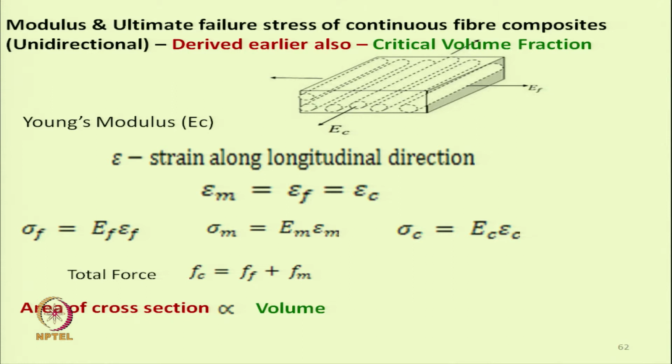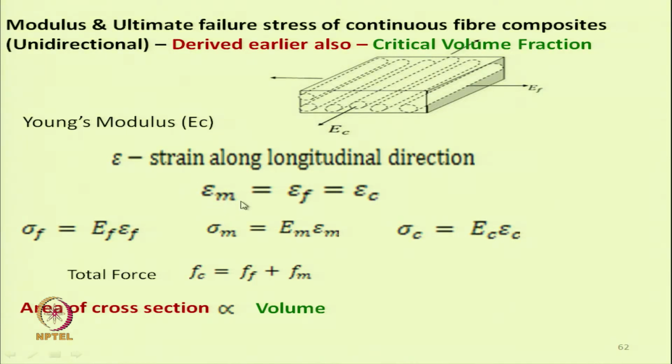Here the assumption is that the fibers are in continuous form, and as it is continuous, the strain along the longitudinal direction for both the matrix and the fibers will be same as that of the composite.